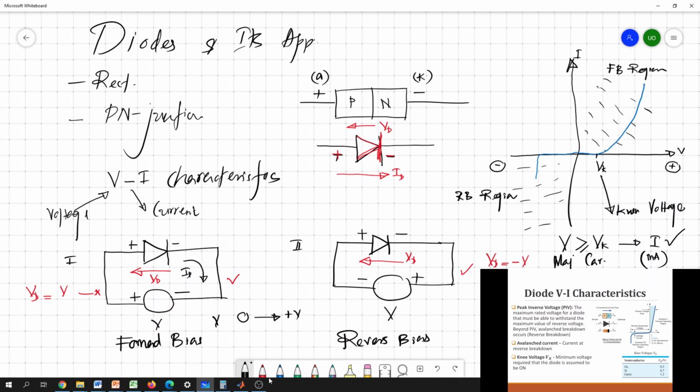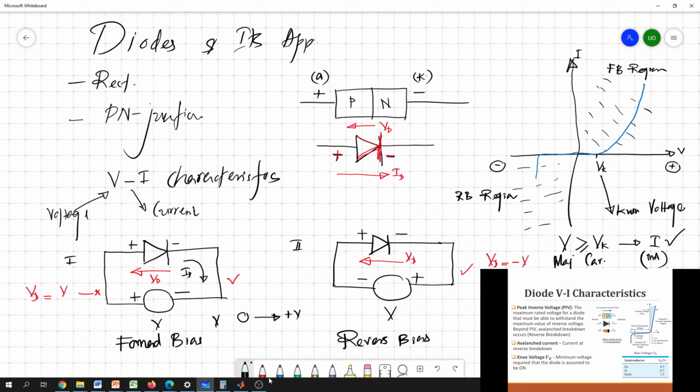At a certain point, once you increase the negative voltage applied across the diode, it means your diode is now in the reverse bias region, and once you increase the reverse voltage at a certain point, this diode breaks. Why?